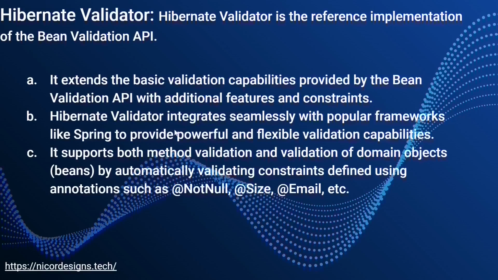The Hibernate Validator integrates seamlessly with popular frameworks like Spring to provide powerful and flexible validation capabilities, and it supports both method validation and validation of domain objects by automatically validating constraints defined using annotations such as @NotNull, @Size, @Email, etc.